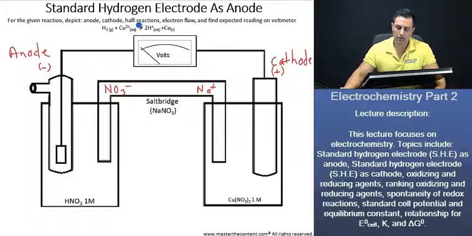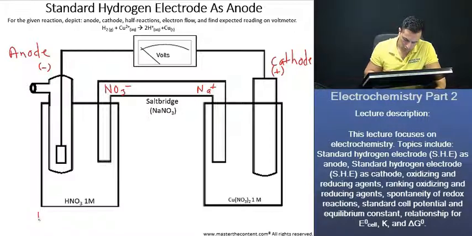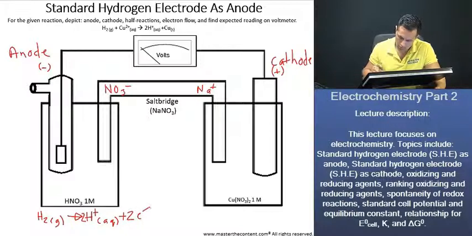The first half reaction is the one taking place at the anode, and that is going to be our hydrogen gas giving us our hydrogen ions plus our 2 electrons.